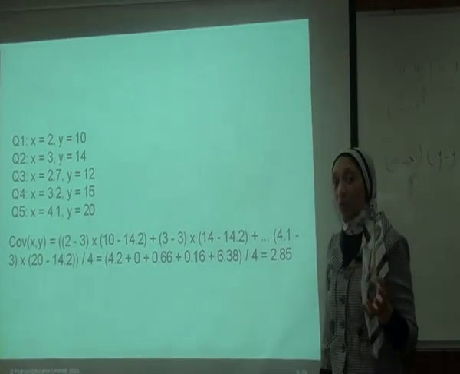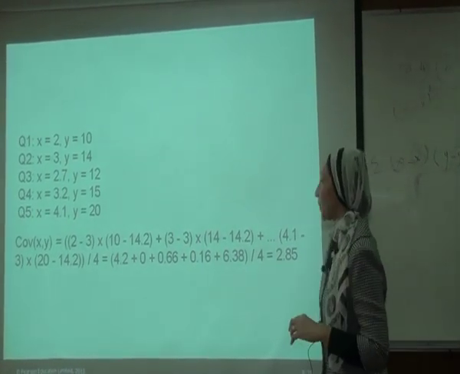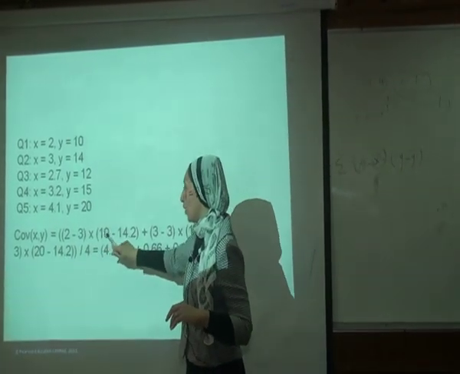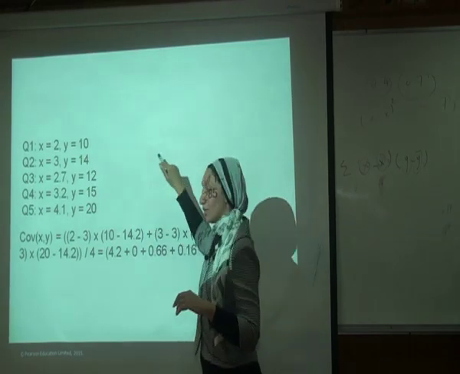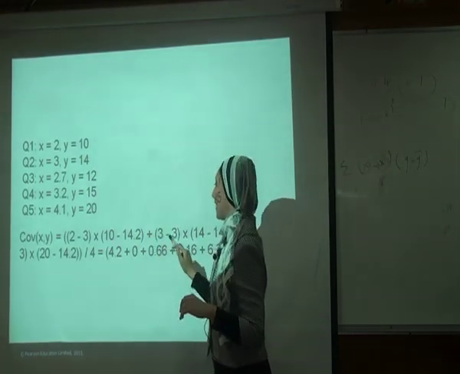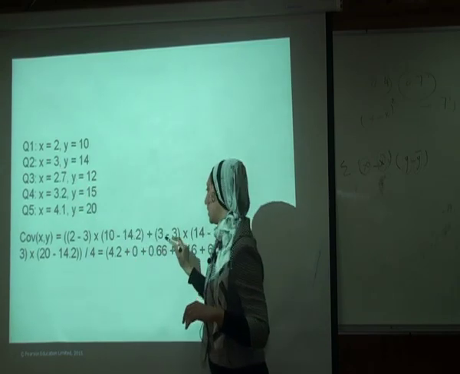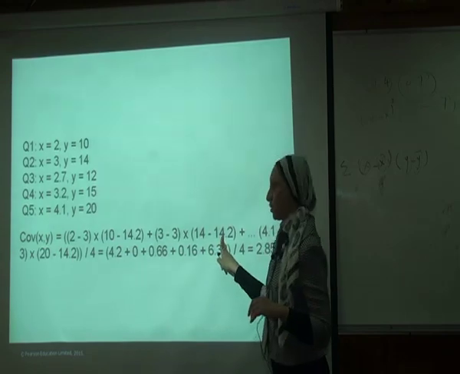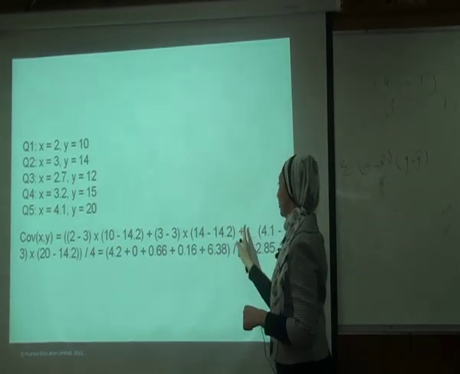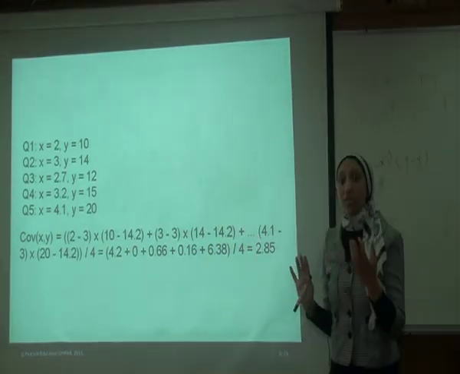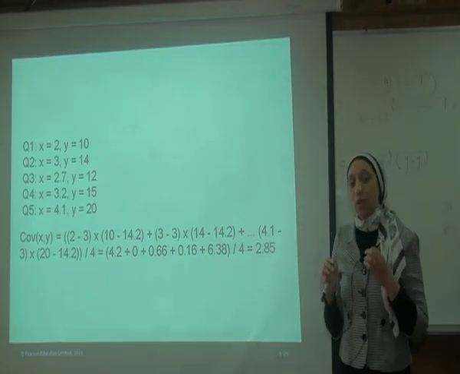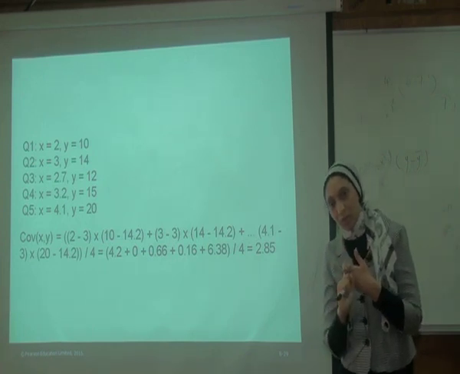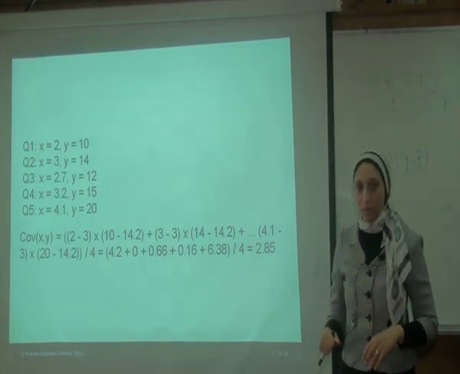So in order to calculate the covariance, it's X minus X bar multiplied by Y minus Y bar in the first year, plus X minus X bar multiplied by Y minus Y bar, which is 14.2, for the second year, plus, and so on. Then you get the summation of those values. Then you divide by the standard deviation of X multiplied by the standard deviation of Y to get the correlation coefficient.